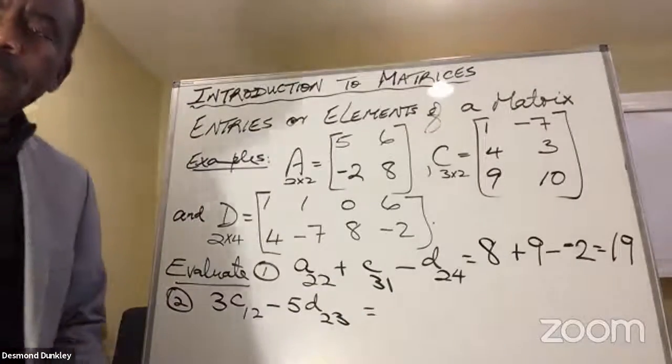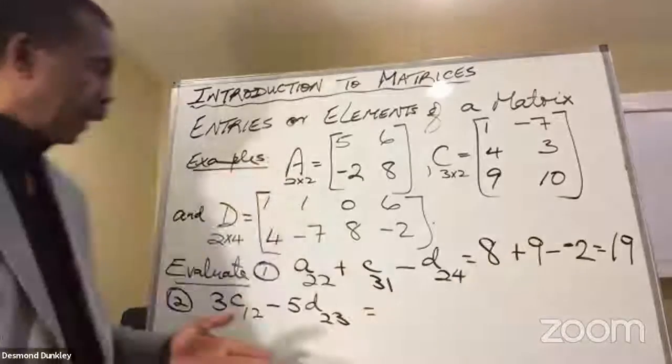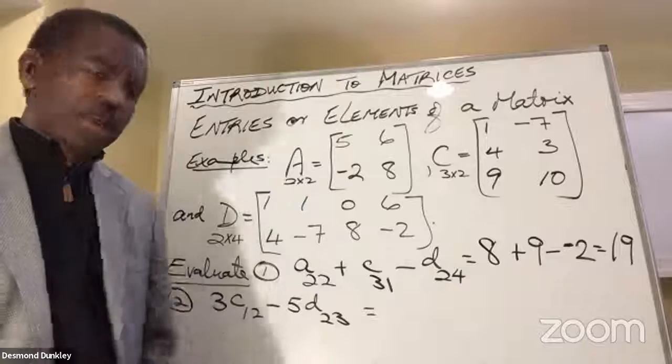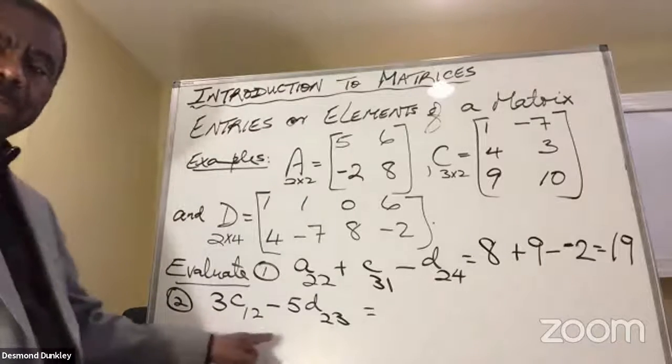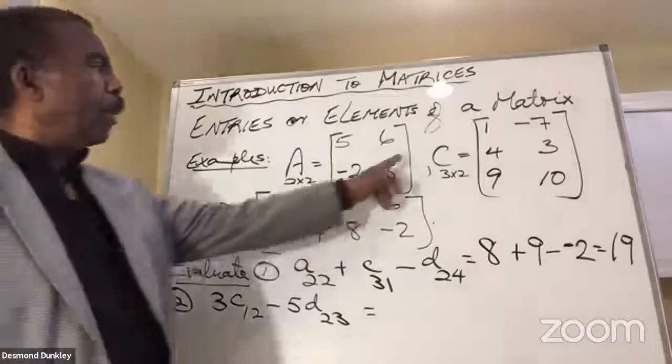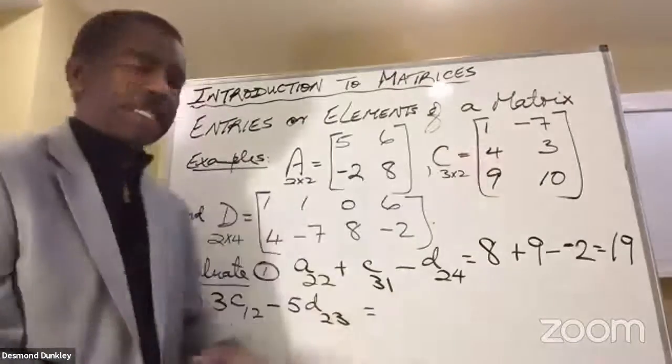So now we're doing even extra stuff. Instead of just taking an entry and doing stuff with it, we're going to actually have 3 times an entry. So what is this C12 entry? The C12 entry is -7.